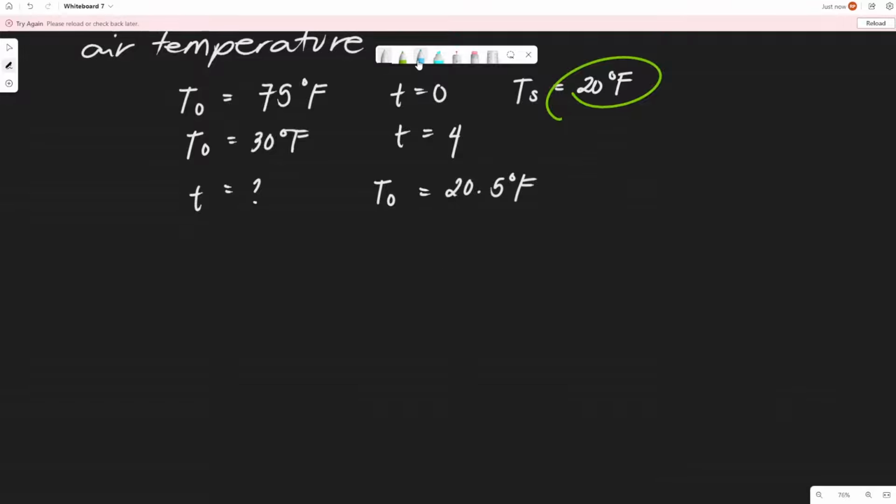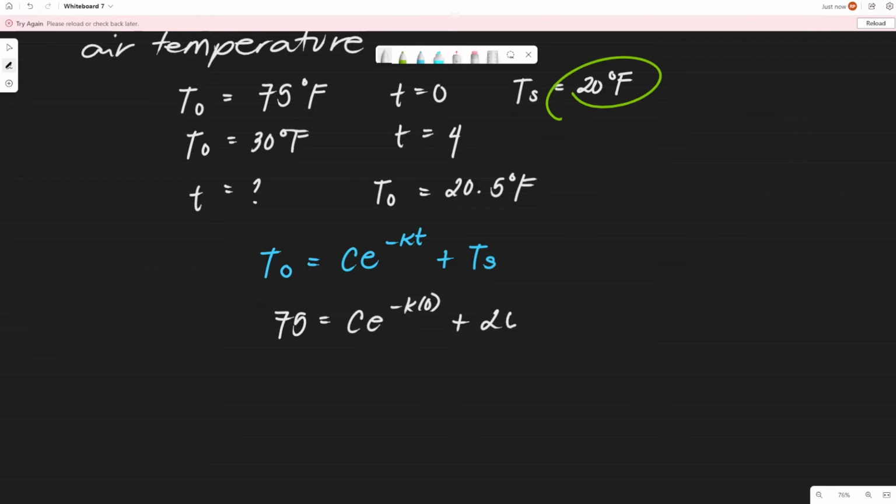We have T sub S. Definitely this is cooling. T equals C e raised to negative kt plus T sub S. So 75 equals C e raised to negative k times 0, which is obviously 1, plus 20 degrees Fahrenheit.